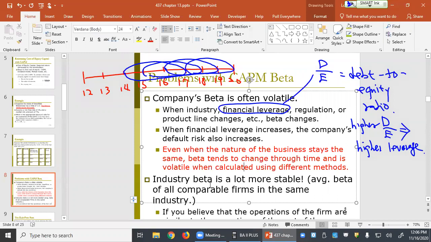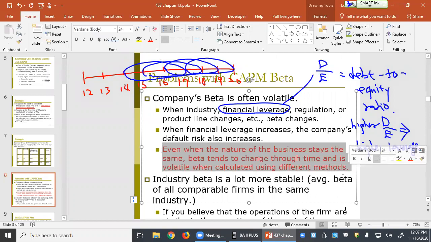Everything else remains the same, but when you use the most recent 4 years, or shift it by another 1 year, or another 1 year, you're always using 4-year monthly return information, but somehow the beta of the same company changes. We absolutely can't find any reason to explain that. So that's one of the problems of CAPM. CAPM beta can be volatile, and we can't always figure out why.